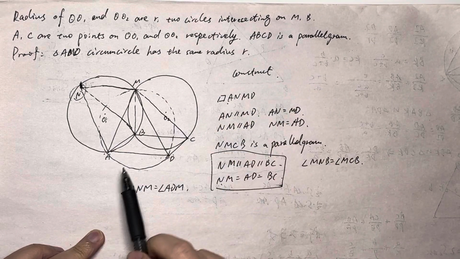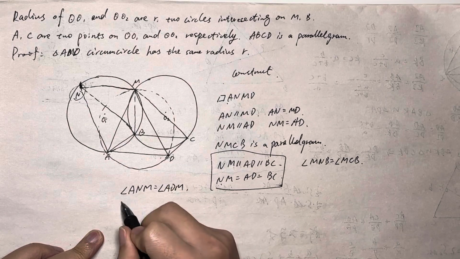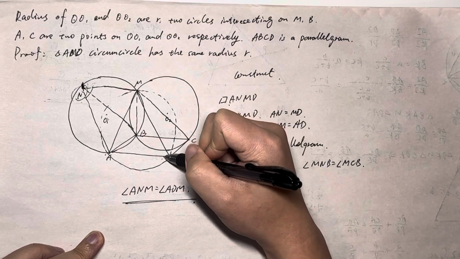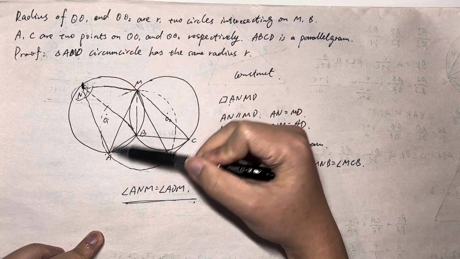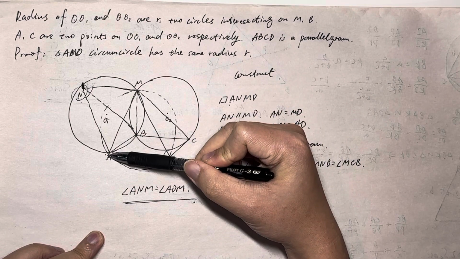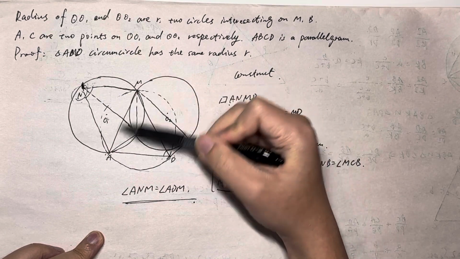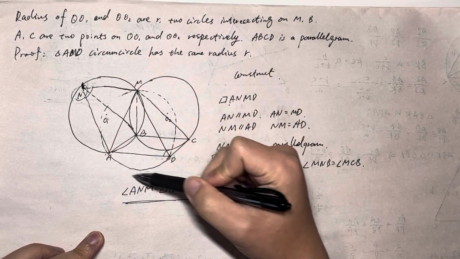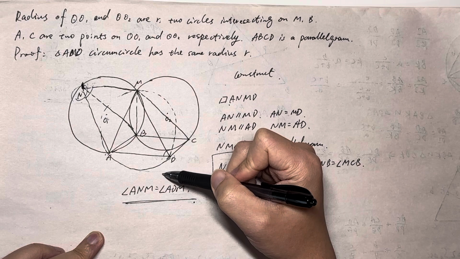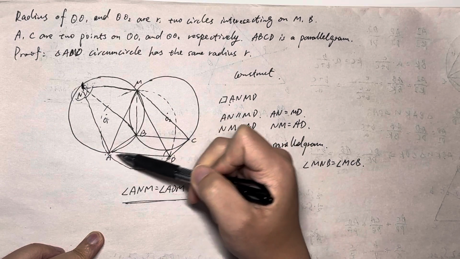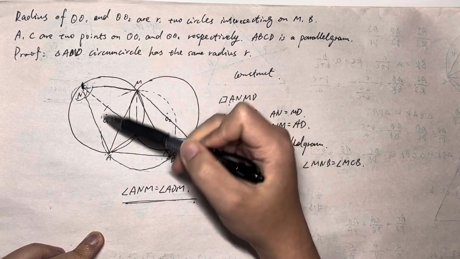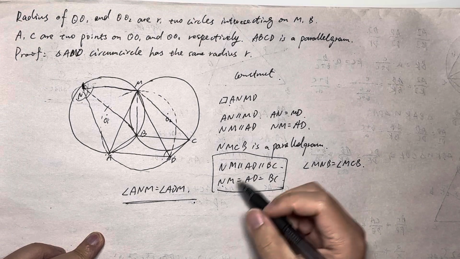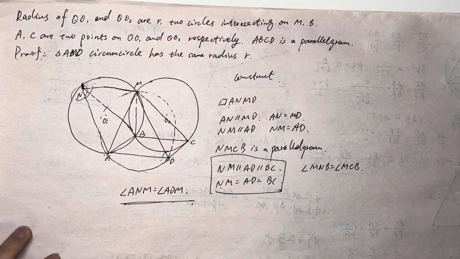So for the same chord, the angles referring to it are equal, which means the radius of the circumcircle of triangle AMD equals the radius of O1. So we have proved the problem.